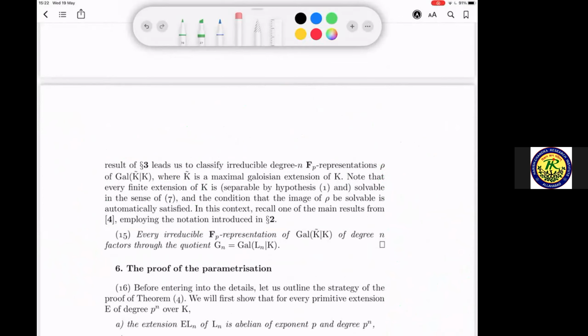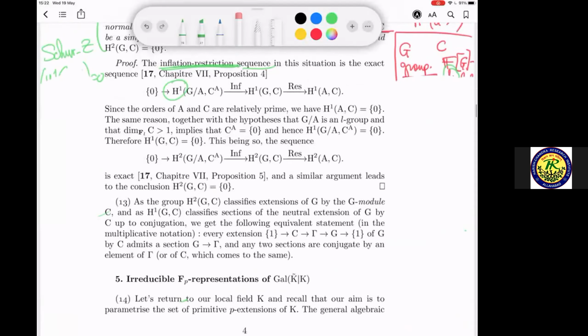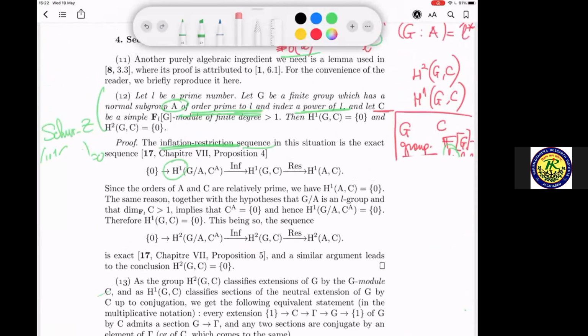Conversely, you can show that if an extension has a section, then it is isomorphic to the semi-direct product. So the vanishing of H2 is basically the same as having a section. And the vanishing of H1 is the same as saying that in the semi-direct product, any two sections are conjugate. Basically, that is what the vanishing of H1 says.